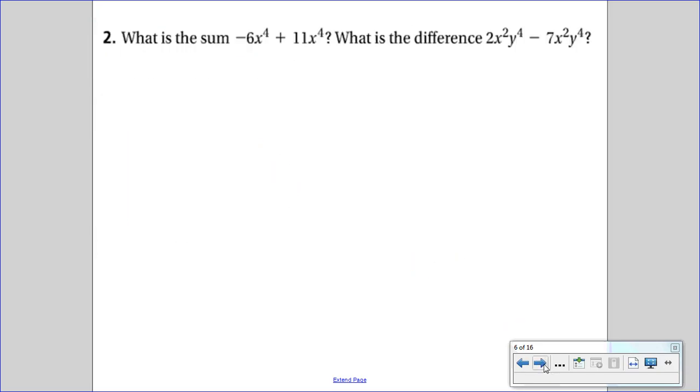Here, what's the sum? Negative 6 plus 11, that becomes 5x to the fourth. The difference here, you can subtract them. So this is x squared y fourth. X squared y fourth, we can combine them. 2 minus 7 is negative 5x squared y to the fourth.